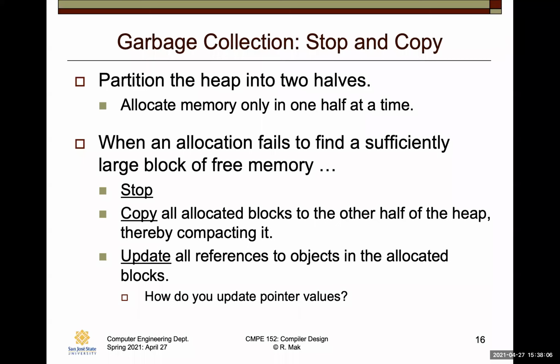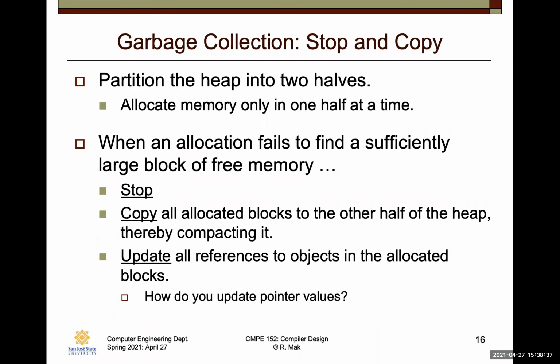Now, sooner or later, that one half of the heap is going to fill up. You're not going to be able to find a hole big enough to fit an object that you want to allocate. And so at that point, you stop. Your program stops, and then the heap manager copies all the objects from one half of the heap to the other half. Remember, you only use one half of the heap at a time, okay?